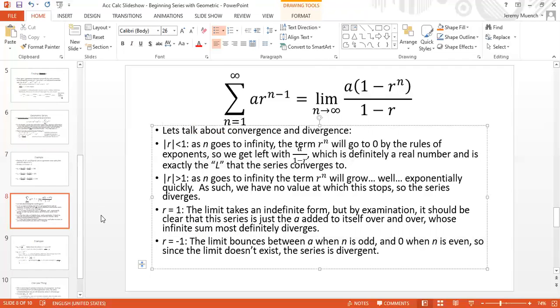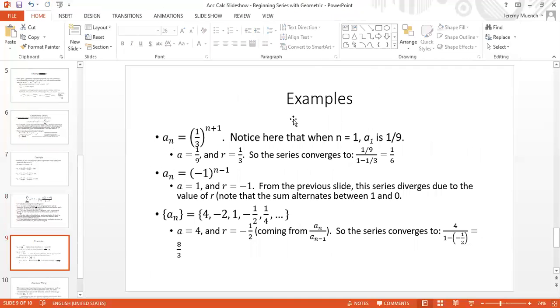So let's take a look at some examples of geometric series here. Let's try and figure out what these converge to, even though all the answers are right here. What we start with is the series defined by a sub n equal to 1/3 to the n plus 1. Notice here that when n is 1, a sub 1 isn't 1/3, it's 1/9, because it's 1/3 to the n plus 1.